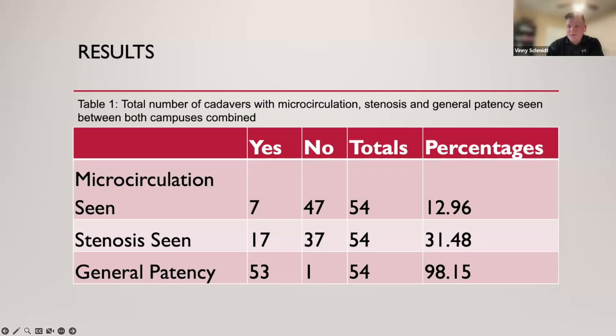So the microcirculation I wasn't too happy with. There's a lot of things that could contribute to that, and I'll go over those a little later. And then stenosis, this percentage can be misleading, just because not everyone is going to have stenosed vessels. And I don't really know exactly why the stenosis has occurred.